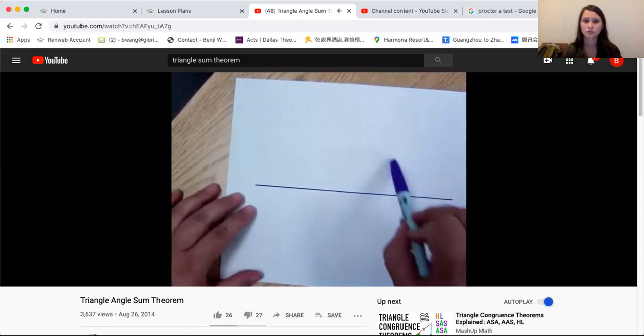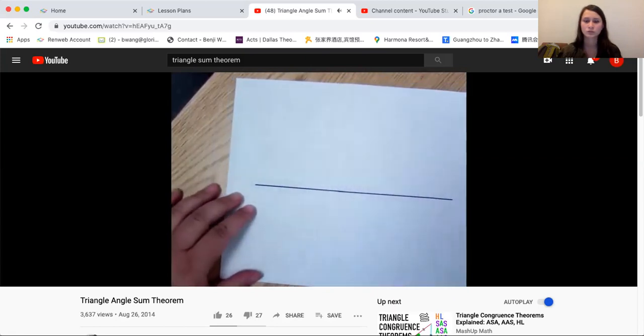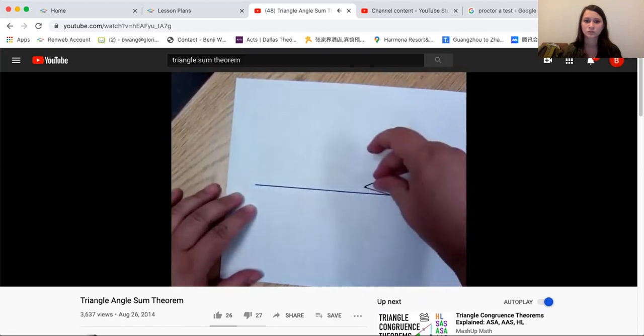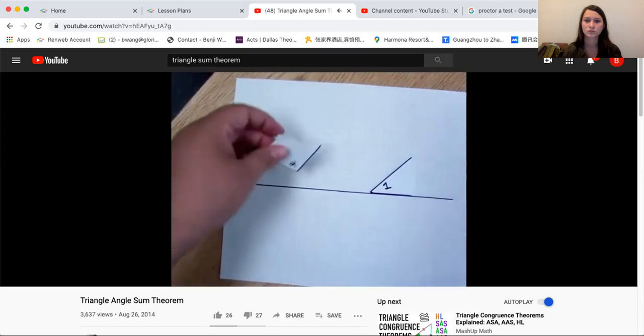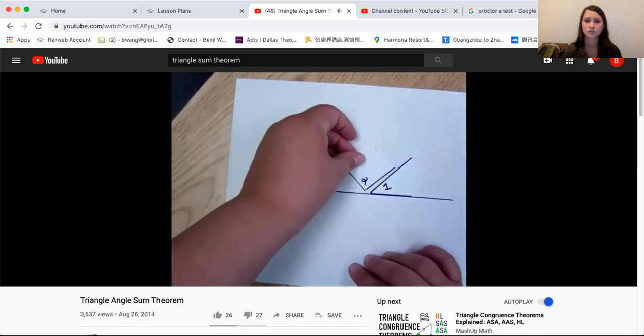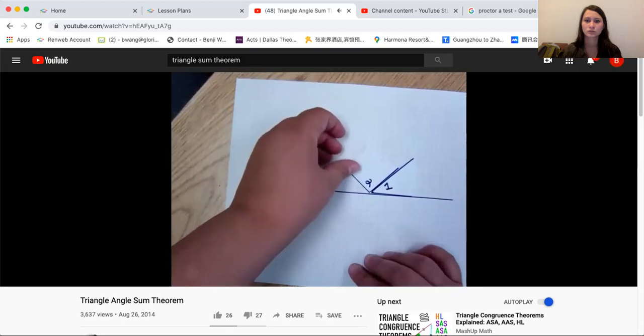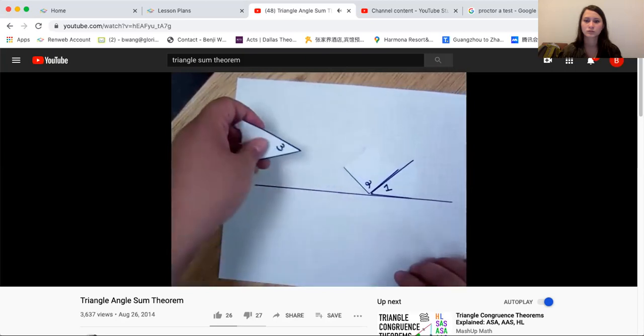And if all this on one side has to add up to 180, then when I put my 3 angles I tore out of my triangle up next to the line, with their tips touching, like that's the vertex of the angle, look what's going to happen.